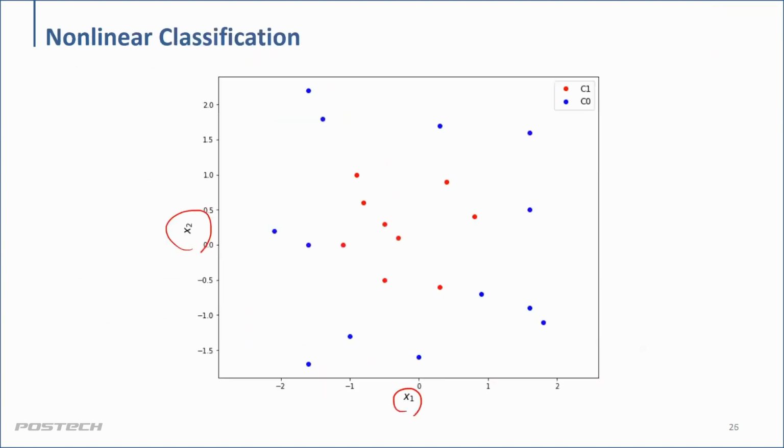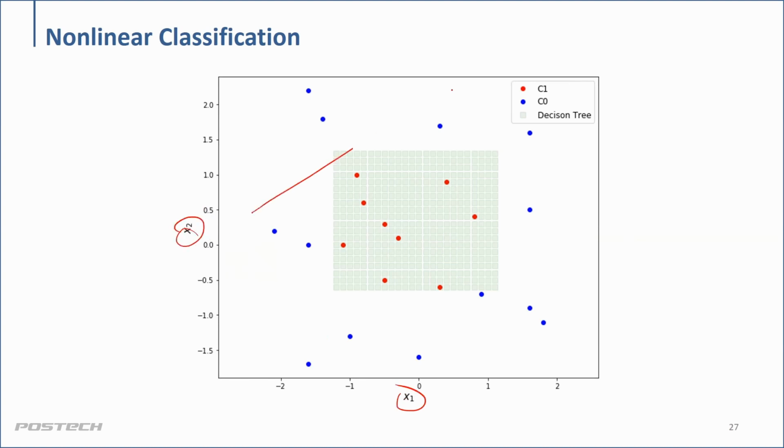So with that in mind, imagine what kind of classification boundary we can get out of a decision tree in this case. We know that SVM or logistic regression is like that, but this is what we can get out of a decision tree. All the decision boundaries should be parallel to the axis.